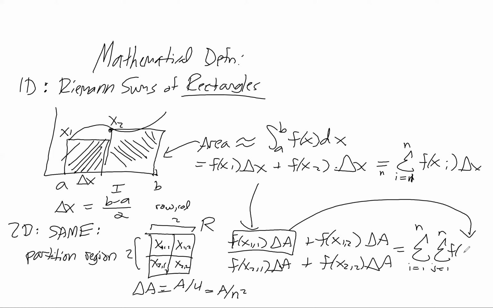So f of, and then we change the subscripts, i, j, delta a. That's it. So that's the Riemann sum for n subdivisions. And of course, the delta a, it's this. Okay.